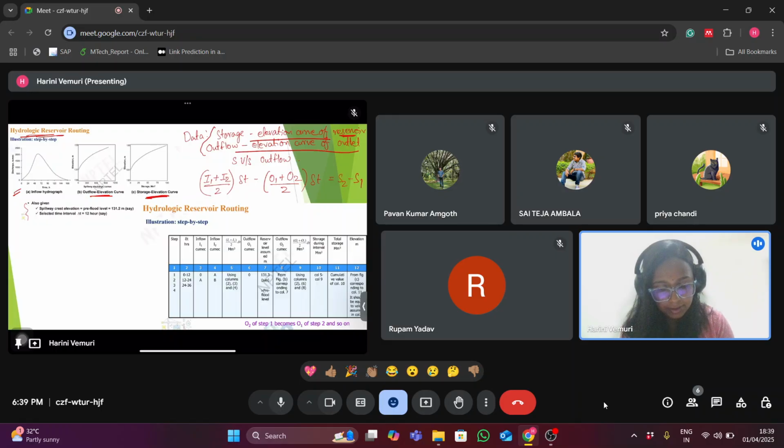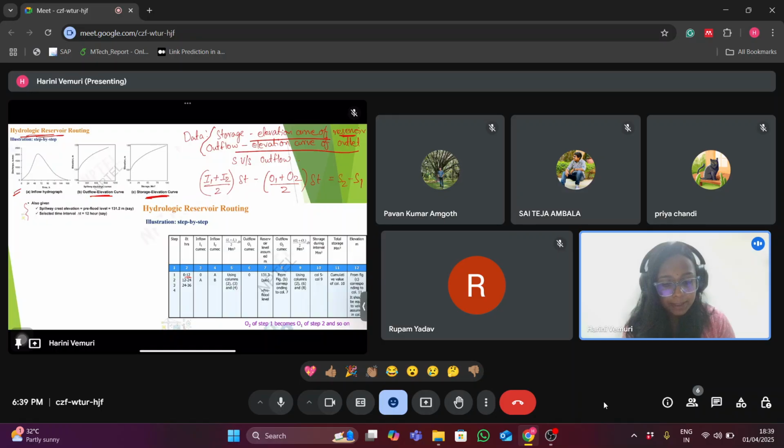Since we are considering a 12 hour interval, we divide the time steps 0 to 12, 12 to 24, like this. At each time step we know the inflow, right?